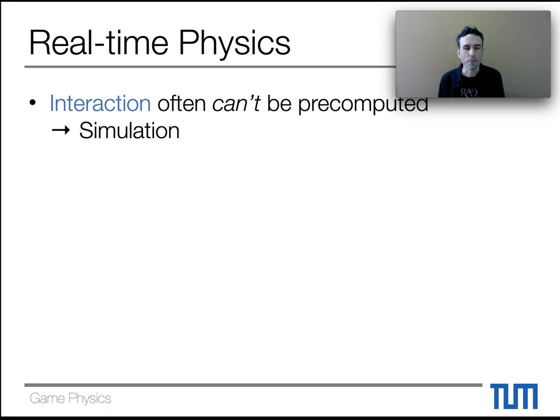Hence, we typically cannot just pre-compute or manually create all the different aspects of it, but we need to compute on the fly, and in a way, this is where the physical laws come in, where they're so great, because these physical laws, right, think about Newton, are not tied to a specific application or one specific setting, but they're really fundamental laws of how nature behaves.